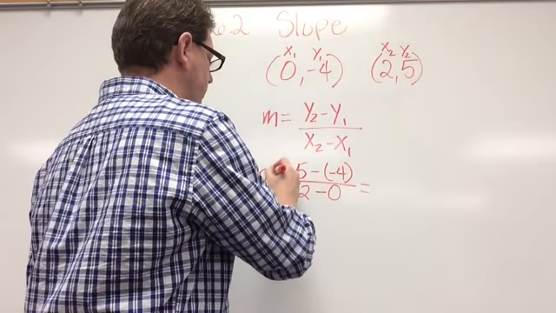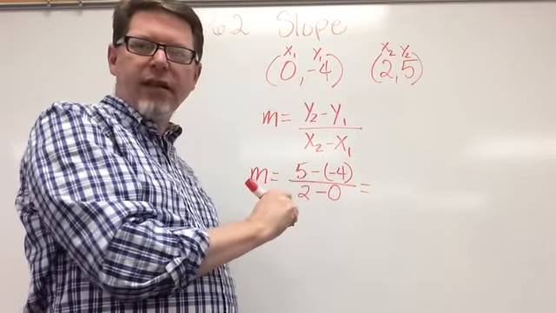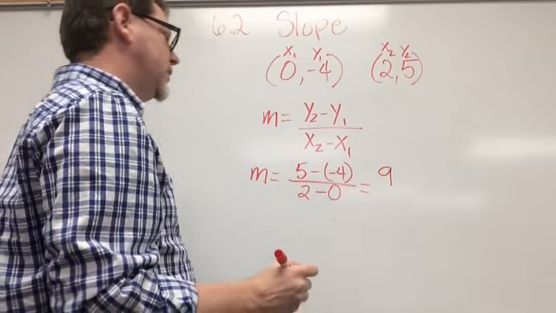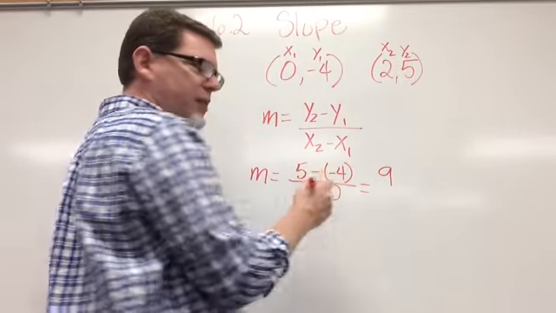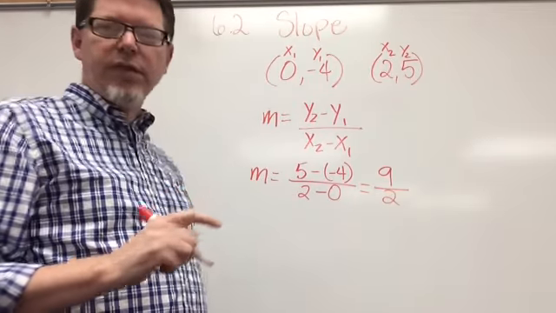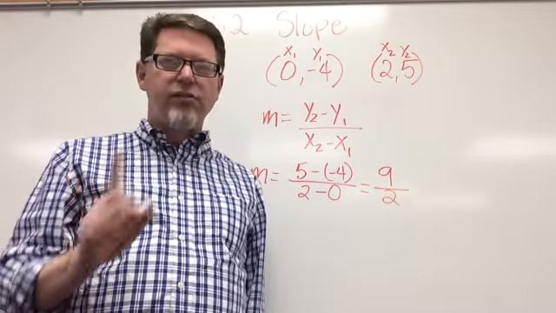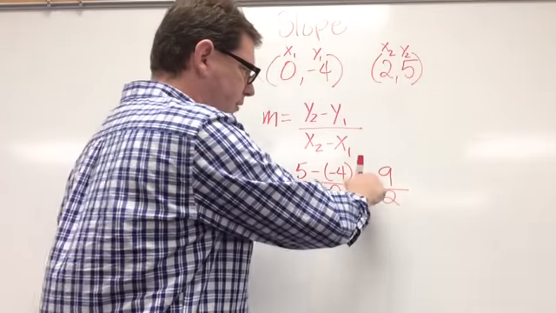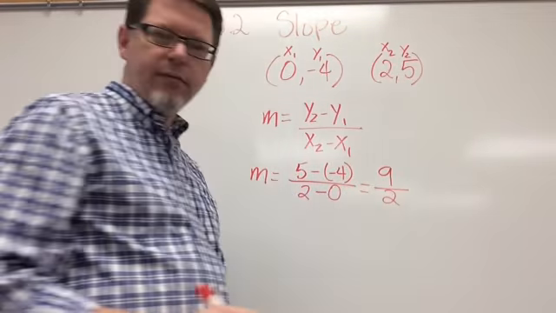I forgot my m equals. 5 minus -4 is +9, because minus and negative is the same as plus. And then 2 minus 0 is 2. So my slope is 9 over 2. I don't need to change it to anything. I leave it as 9 over 2, because that's my rise over my run.